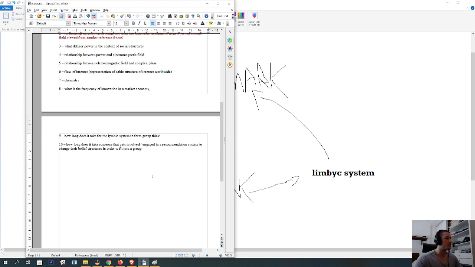And I think this would give the greater frequency of the synchronization of limbic systems. And then once you have that, you can probably create a model of social structures.